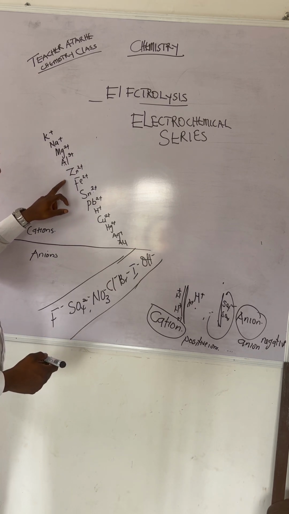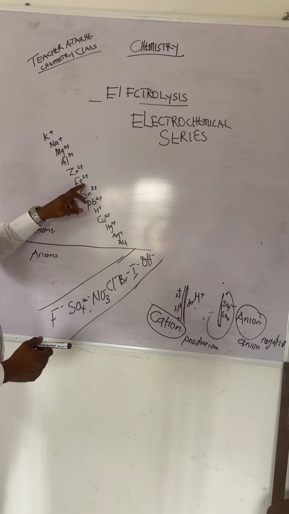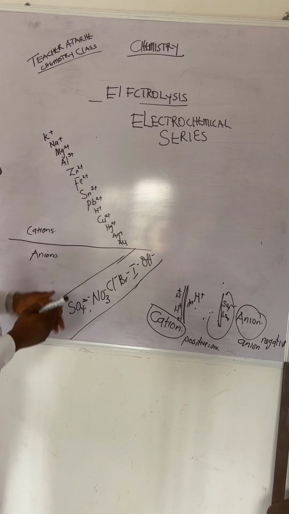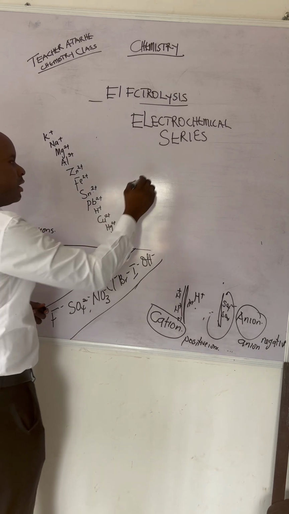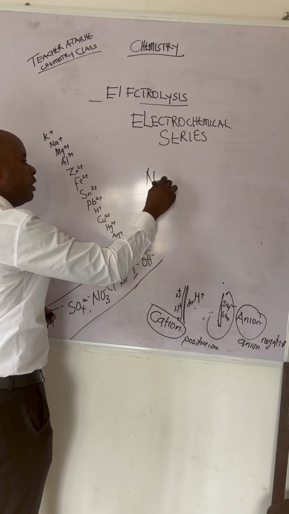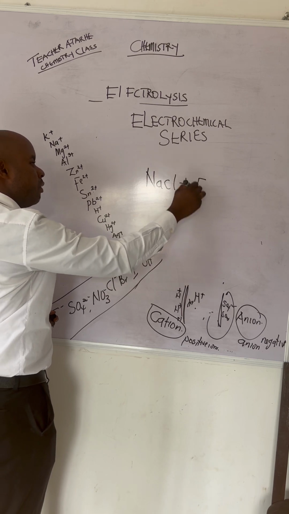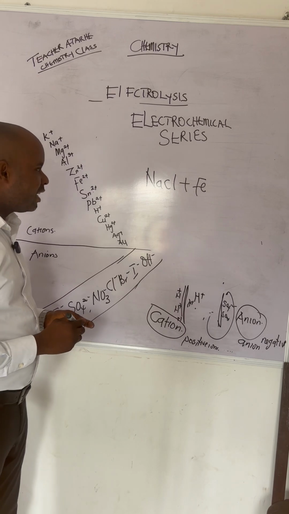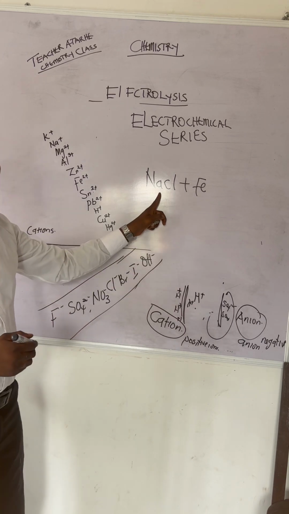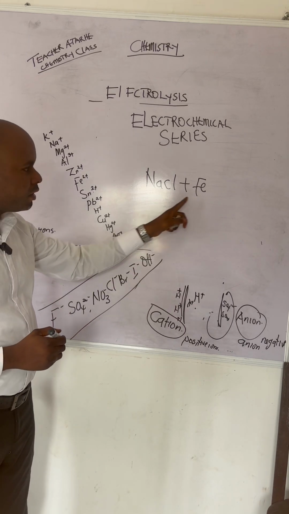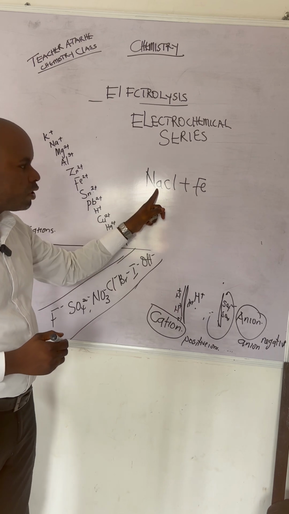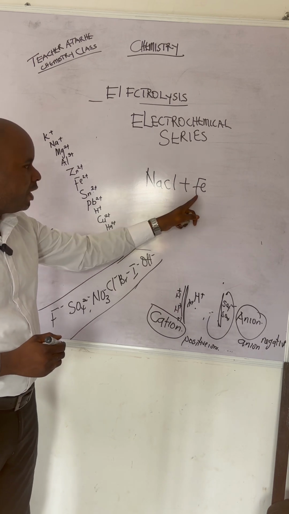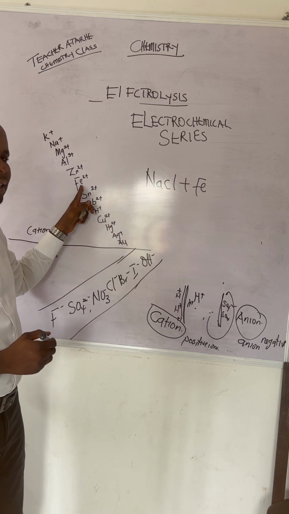For instance, if you have iron in a solution of sodium chloride, iron cannot displace this sodium because iron is lower in the electrochemical series.